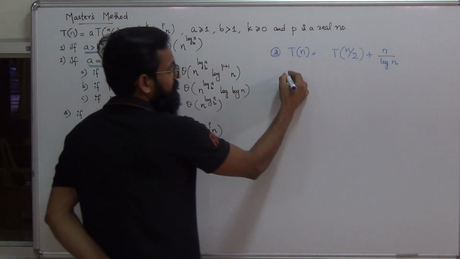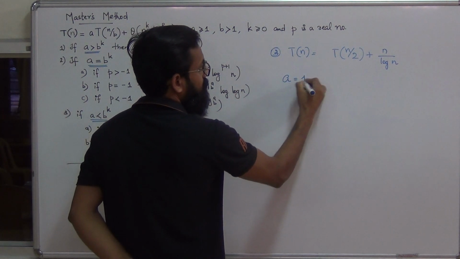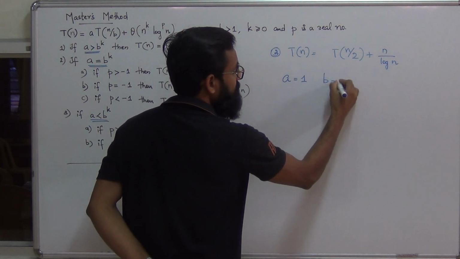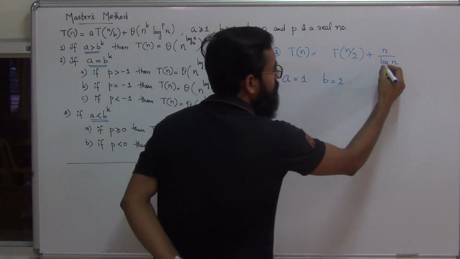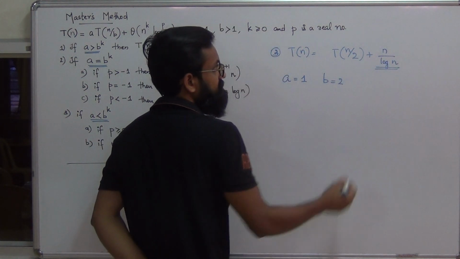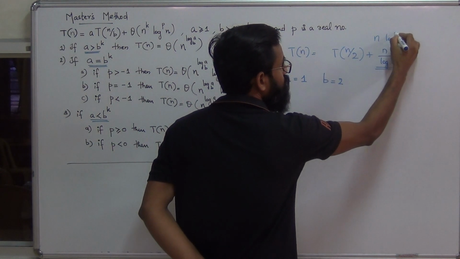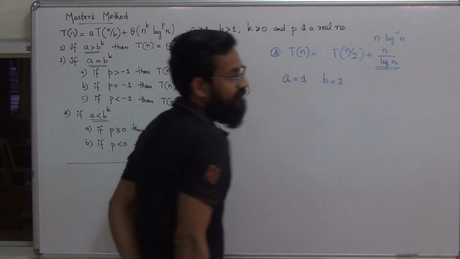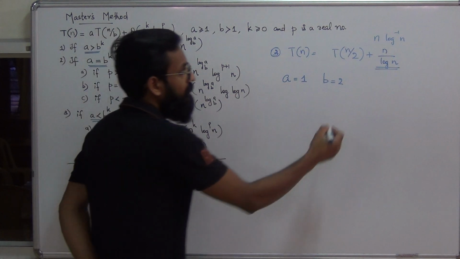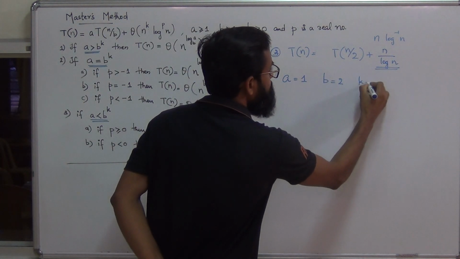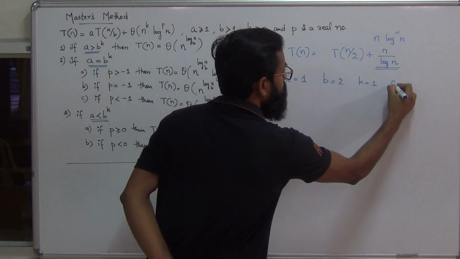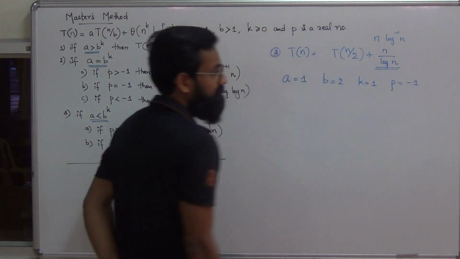What about a here? a is equal to 1, b is equal to 2. You can consider this as n log^(-1) n. So here k is equal to 1 and p is equal to -1.